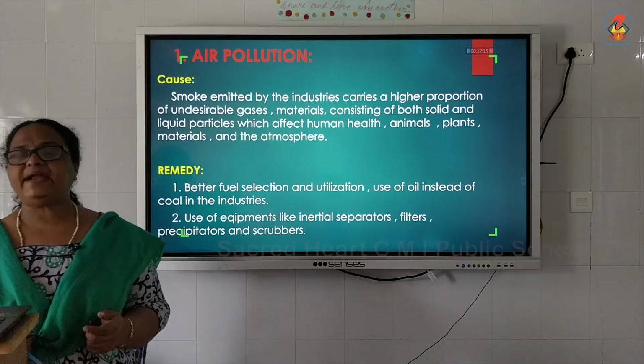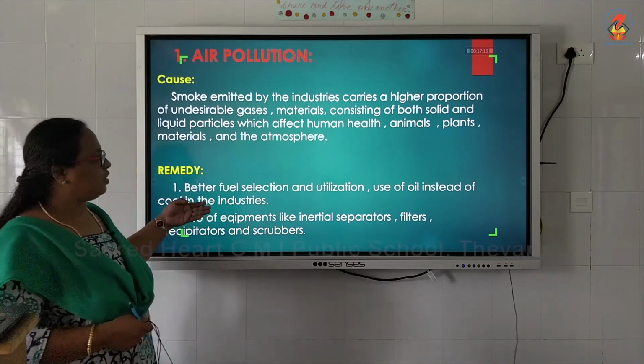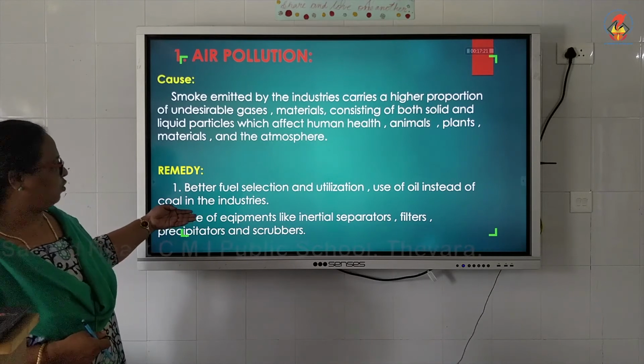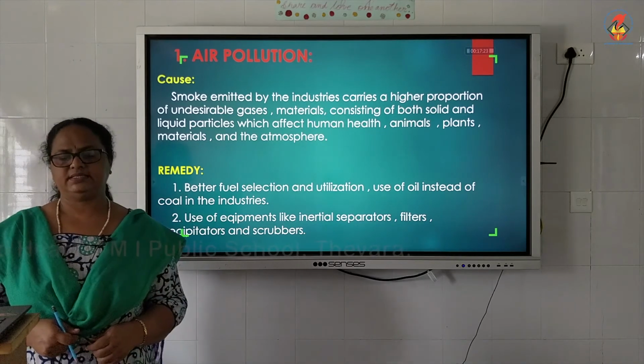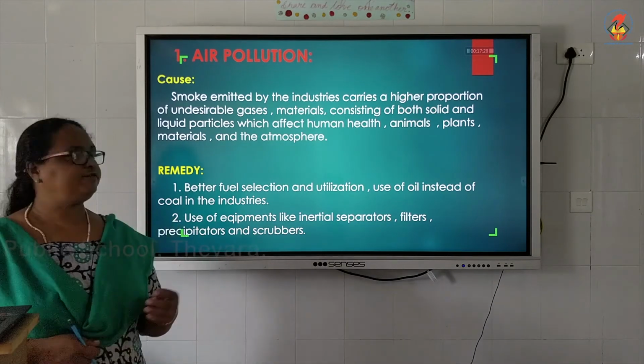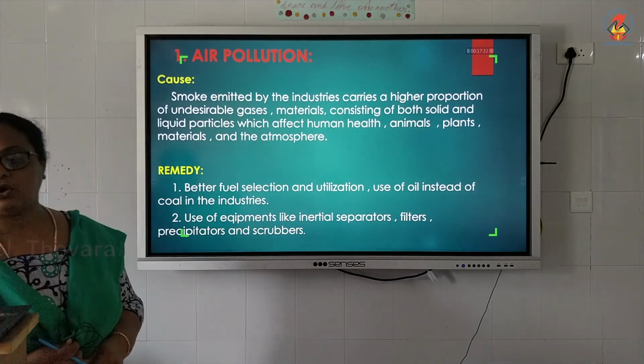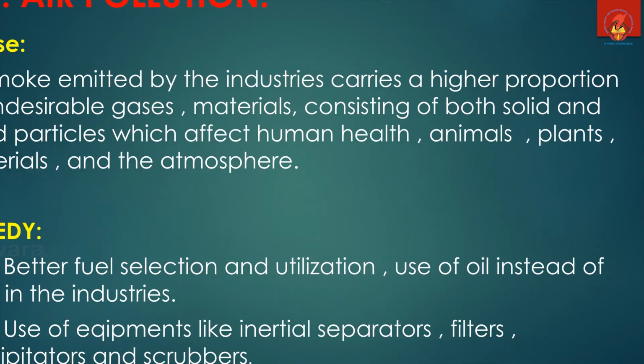That is better fuel selection and utilization, and use of oil instead of coal in the industries. These are the basic things that we know. What about the next? Use of equipment like inertial separators, filters, precipitators and scrubbers.